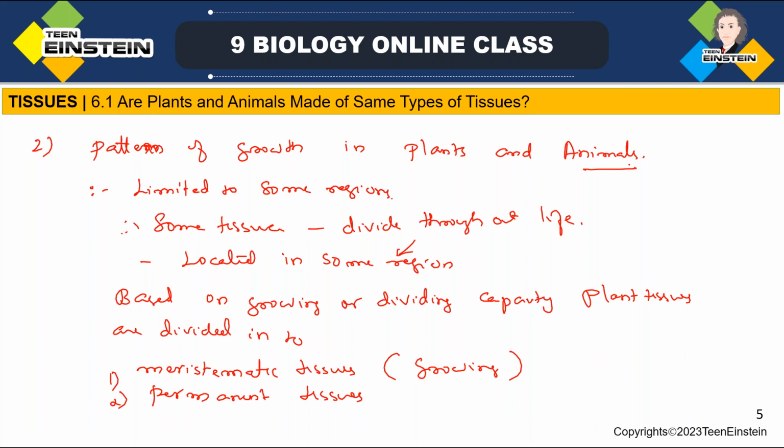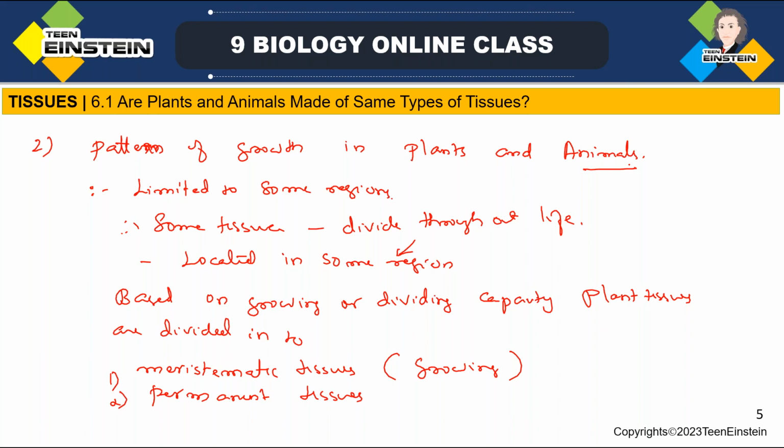Their cell division is almost uniform. It is not like one part will grow throughout life and another part will not grow, it is permanent, nothing like that. Based on the demand of the body, if a cell is damaged, it will get replaced. So according to the need of the body in animals, tissues or cells will work.